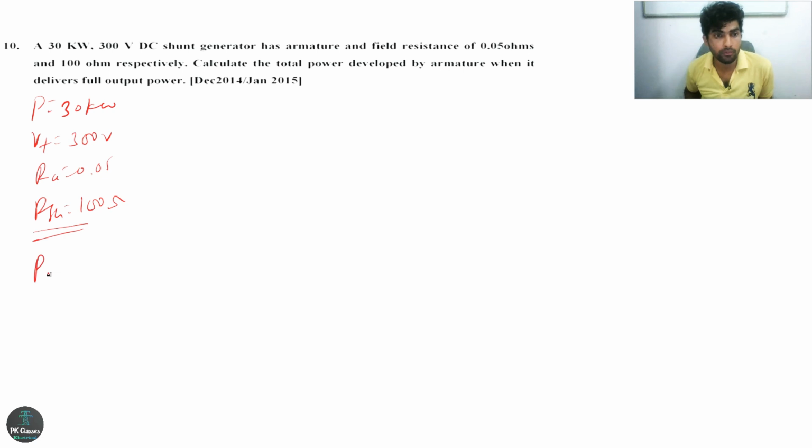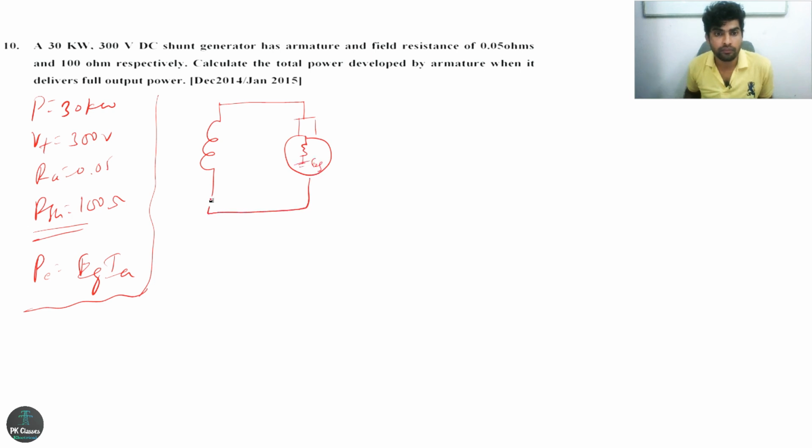Power developed by the armature means EG into IA. I'll draw a circuit diagram for this one. This is a shunt field generator, so the field winding is parallel with the generator. This is RA, this one is EG, and this is the output terminal, V terminal output, because here we are generating.